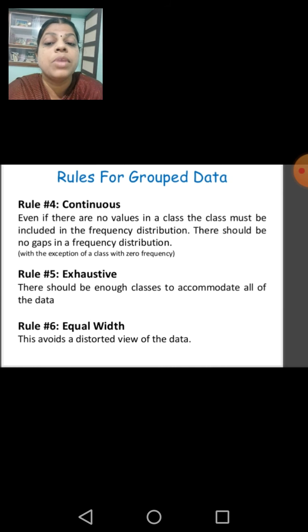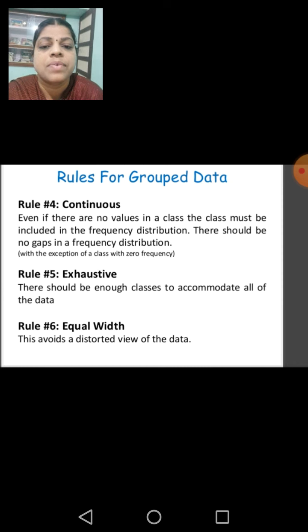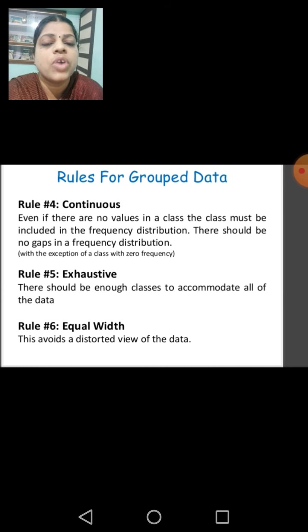Children, for example, if the range is from 1 to 100, we have to take a small class interval. We have to form different classes using small class intervals. So if it is 1 to 100, we cannot form many classes, 20 or 30 classes. So what we have to do? We have to form small interval classes.